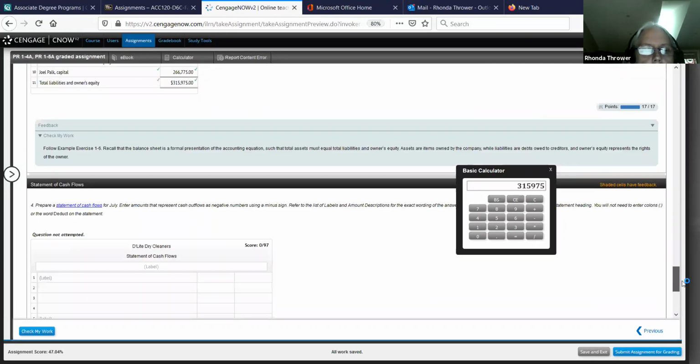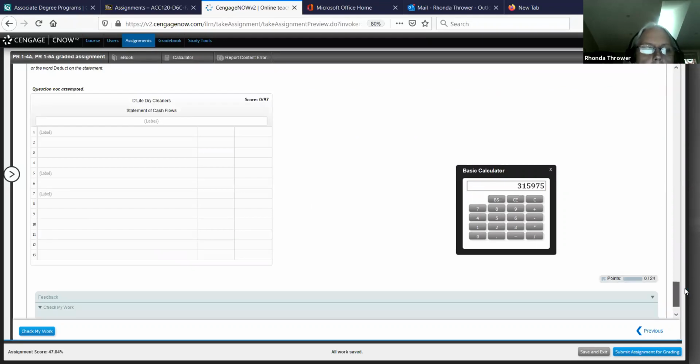The last statement that you have as a financial statement is the statement of cash flows. And we haven't talked a whole lot about that. It's a statement that you need to know exists, but don't worry too much about being able to figure out what goes on this particular statement.